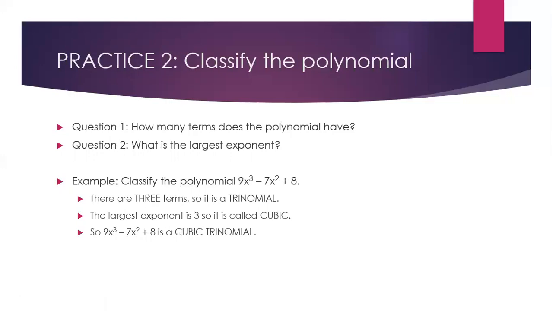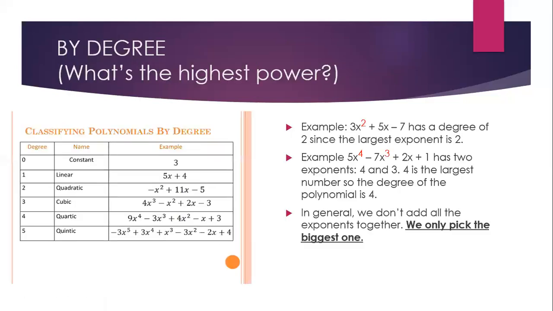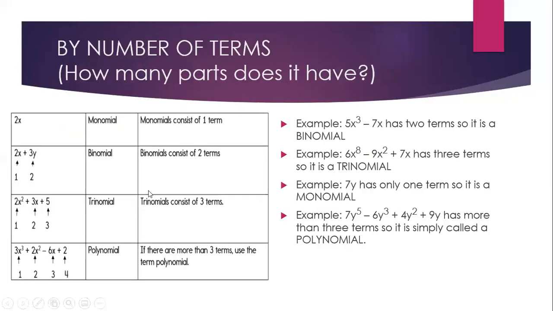Let's do another one. Again, 2 questions. How many terms does it have? What is the largest exponent? So, how many terms does it have? 1, 2, 3. It's got 3 terms, 3 parts essentially. It's a trinomial. Where do I get that from? Over here. A trinomial consists of 3 terms.